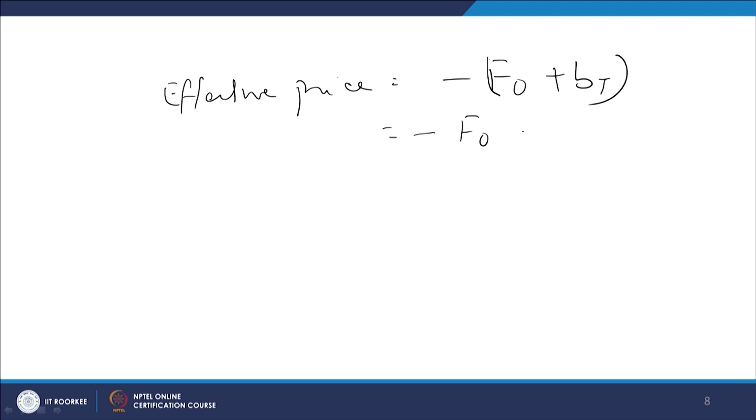The effective price is given by F0 plus Bt, and that is equal to minus of F0 minus St plus Ft, or you can write it as minus St plus Ft minus F0.